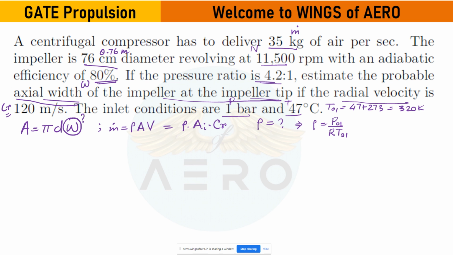For the tip, that means we need to use rho naught 2. So we cannot use this one or this one. We have to find P02 and T02. How can we find them?